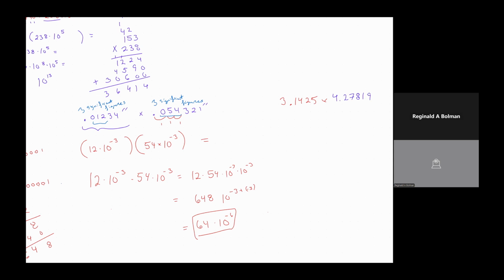And say we're making this calculation, 3.1425 times 4.27819. And we actually don't even have an ability to measure out to anything smaller than, say, a tenth of an inch. Okay, we have one significant figure of accuracy.